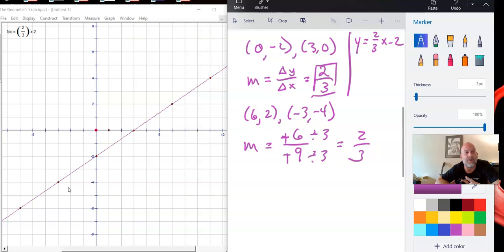And it turns out that no matter what you do, you end up with the same slope. It's always this number. That's the same number we keep finding. We found 2/3 the first time, 2/3 the second time.